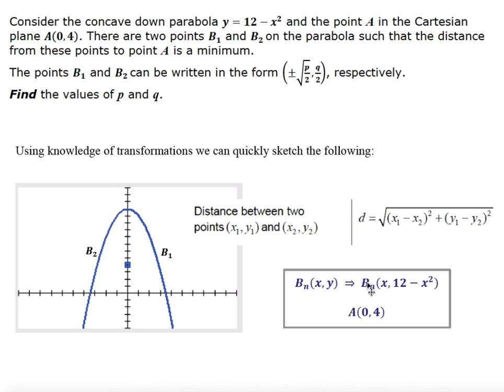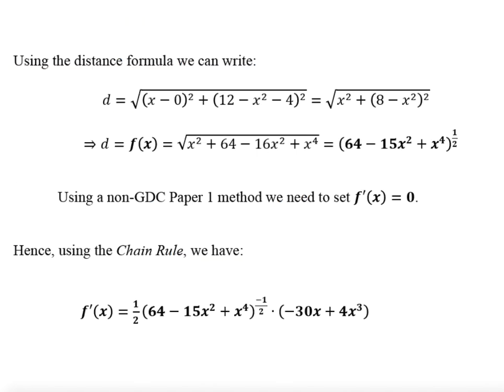So you can think about what I'm calling b sub n, namely b sub 1 and b sub 2, will be the ones that interest us the most in terms of the distance from that point to that fixed point being minimized. And so that's the basis for getting things started.